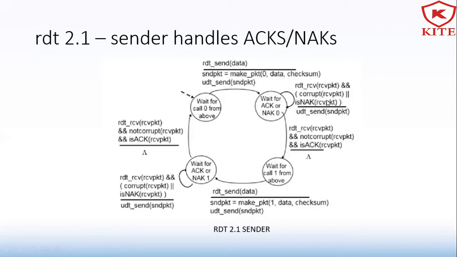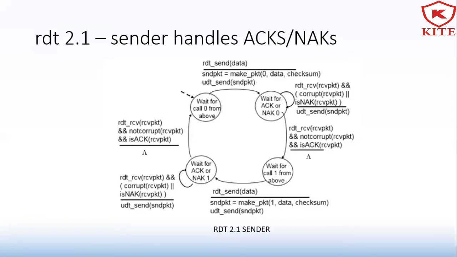In this FSM, let's first understand the sender side. In this event, the data is received from the above layer, and a packet is created with the data and checksum field value. In this protocol we add one extra field, the sequence number 0, and then send that packet to the layer below using the function udt_send.